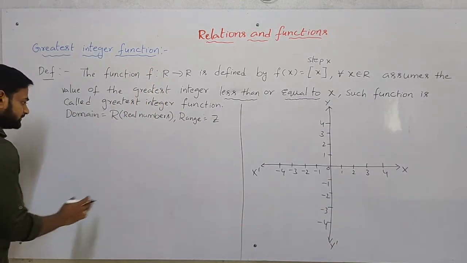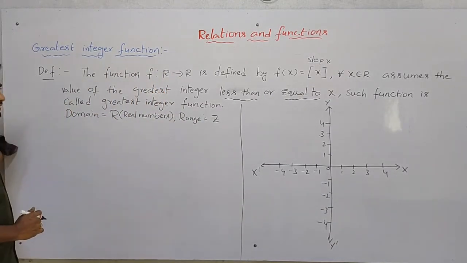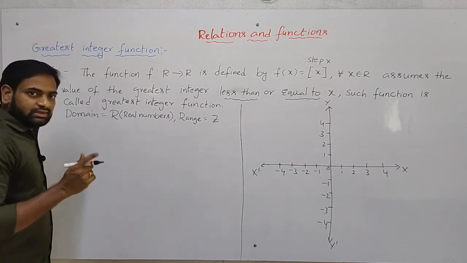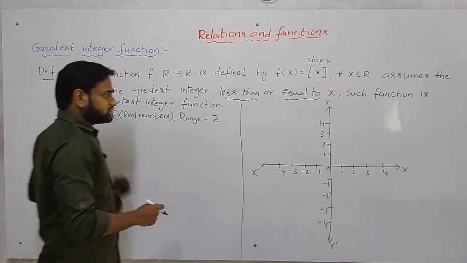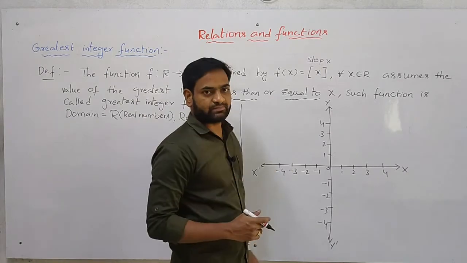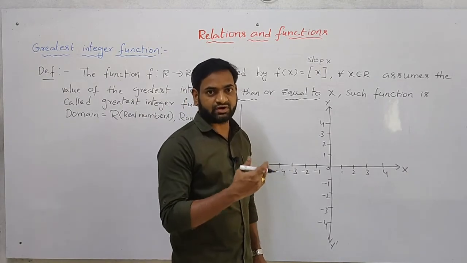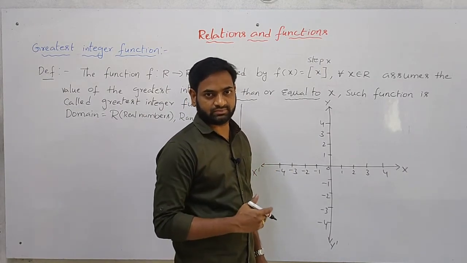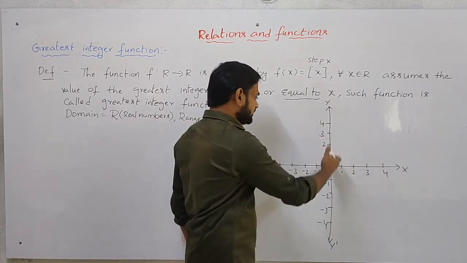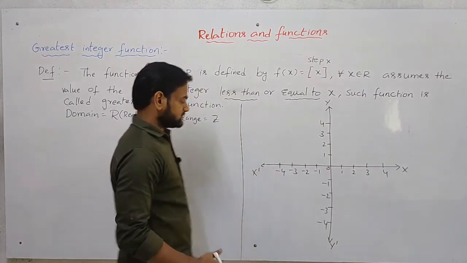See this one carefully. Here, x values we have to plot on the x-axis. Next, f of x. F of x is nothing but y. Y values we have to take on the y-axis.